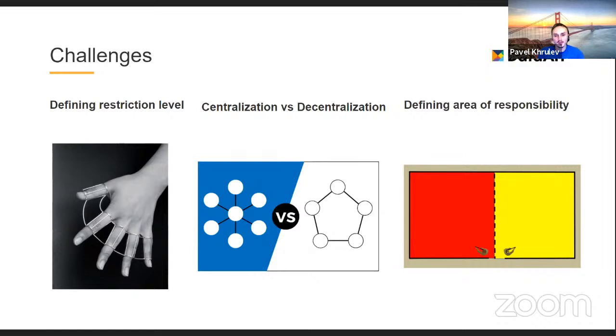You adopt the cloud. And defining area of responsibility. What we allow account owners to do, what we allow developers to do. Do we want to control everything by a cloud team that manages all the cloud? Or do we want to give all the power in the account to account owners and let them do everything they want in this account?